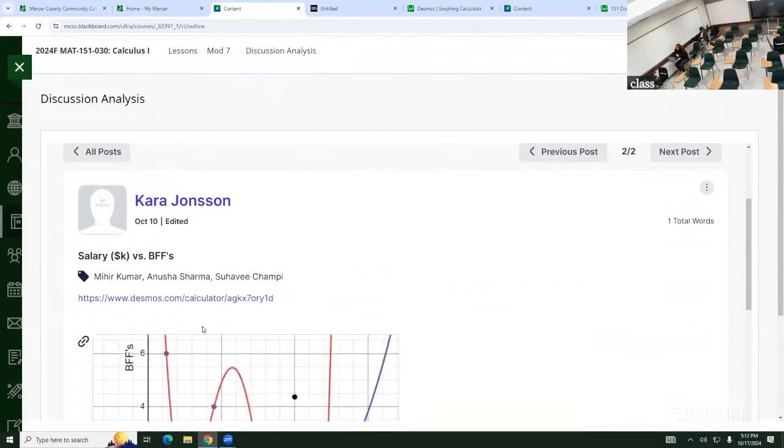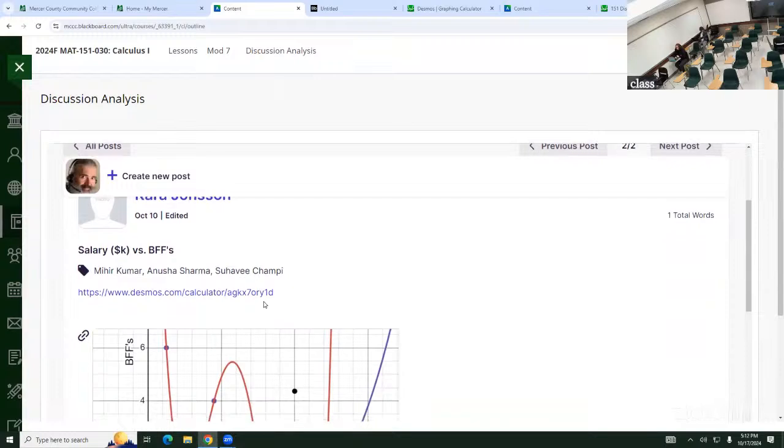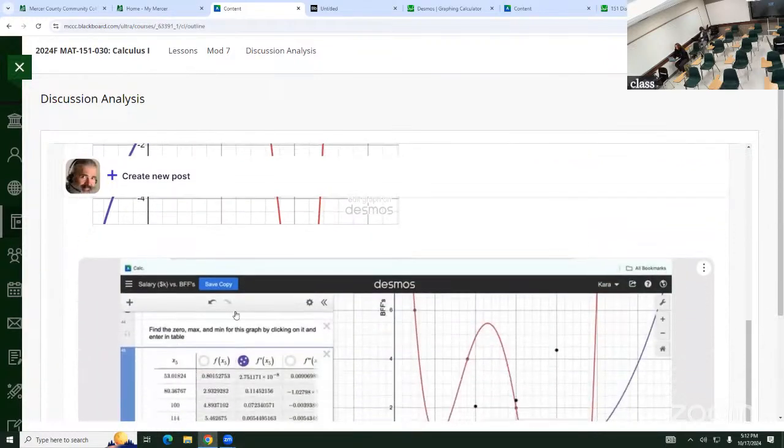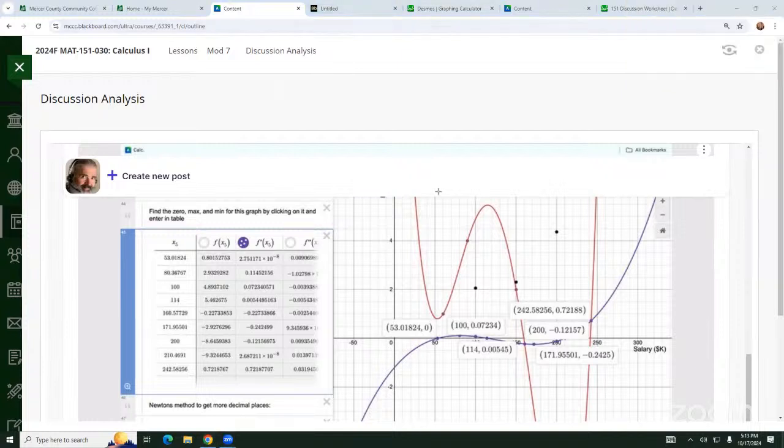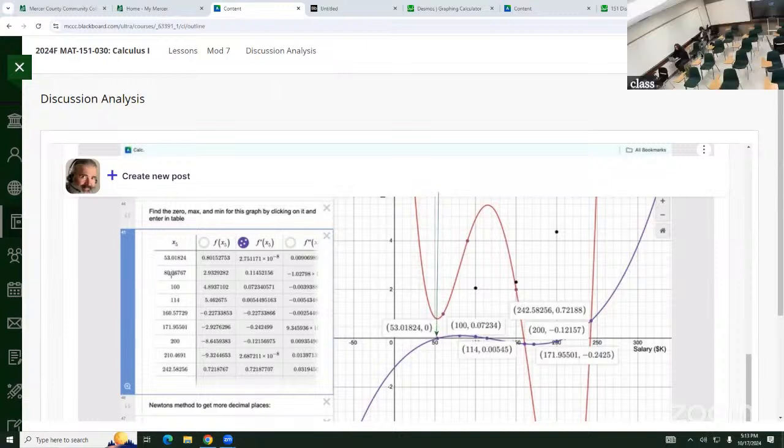Yeah, I see. Kara's post actually has a lot of data points. Here they are. You see them all? So, Mahir, are you there? Yes. All right, we determined that there was a minimum around here. So which one of those on the table is a minimum?